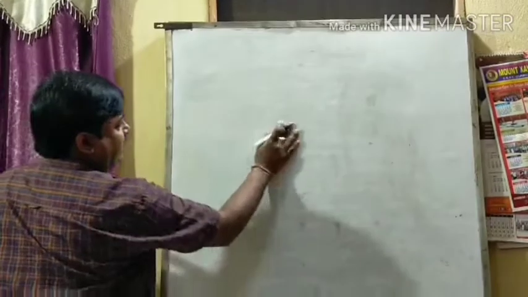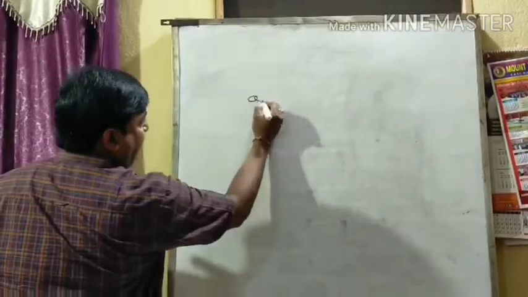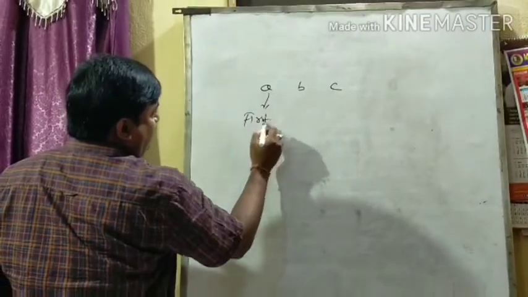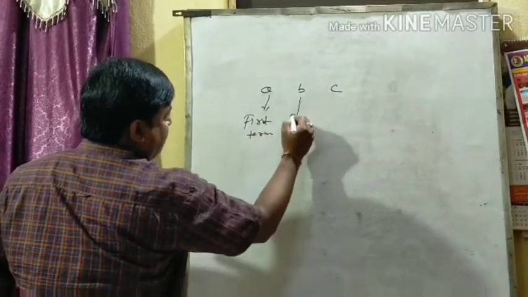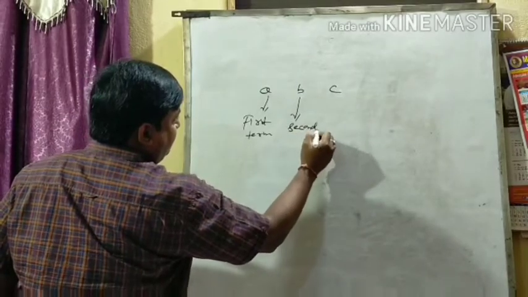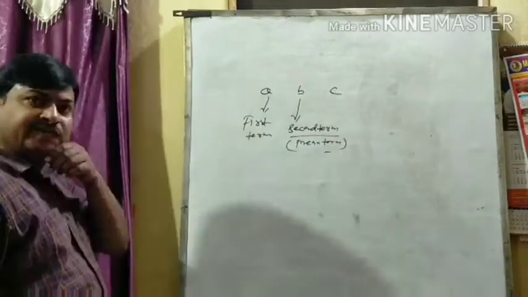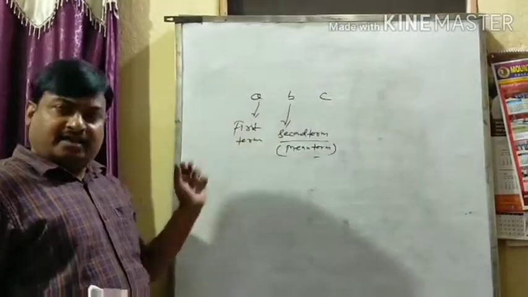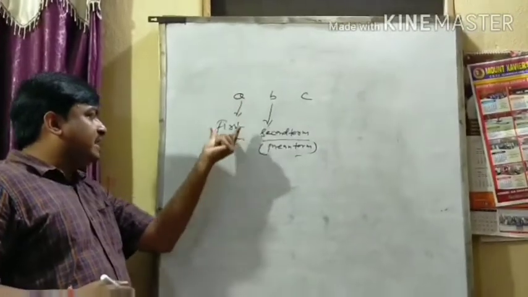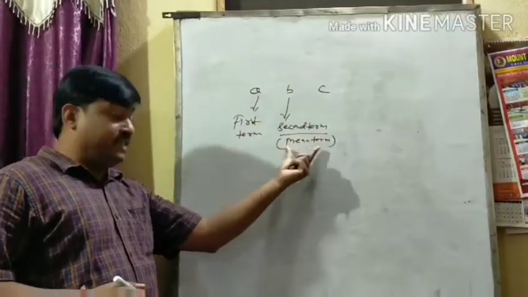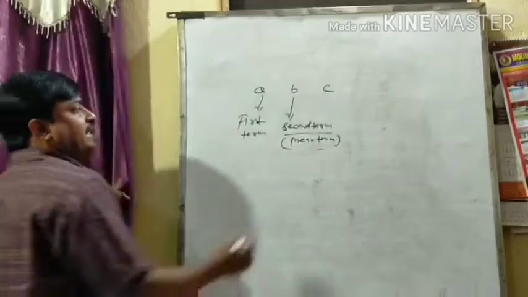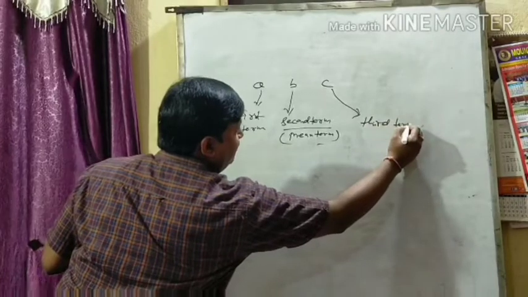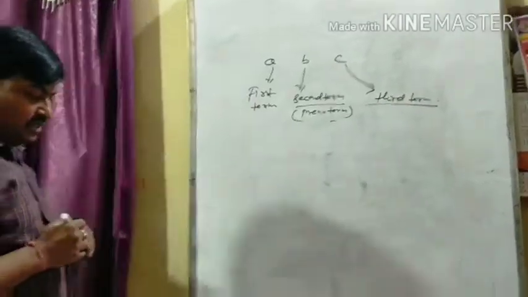So in this, student, in continued proportion A, B and C, this is called the first term, this is called second term. If A, B, C are in continued proportion, therefore the first quantity is called first term, this is second term, also called the mean term, and this is called the third term or third proportion.